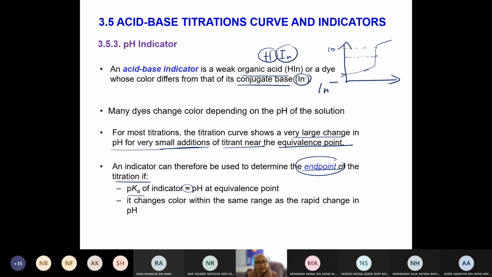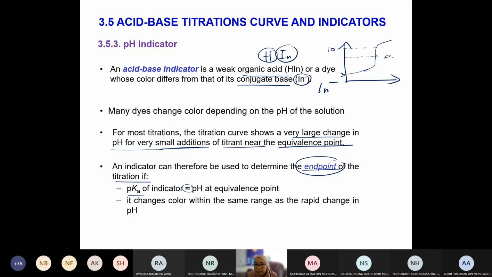Okay, and then secondly, we have to make sure that the indicator tu, it changes color within the same range as the rapid change in pH. Okay, so maksudnya kita kena make sure that the indicator tu dia kena change color, apa nama tu, di kawasan yang nak dekat-dekat equivalent point.